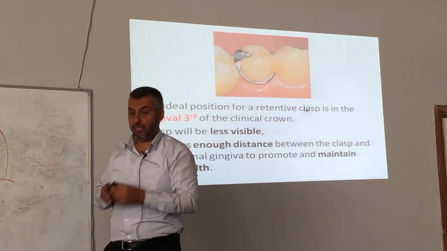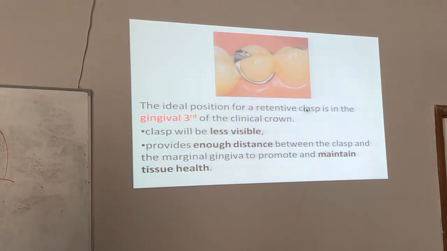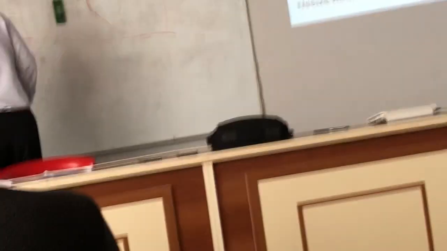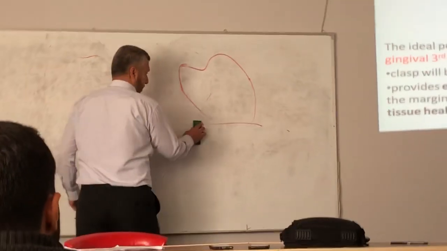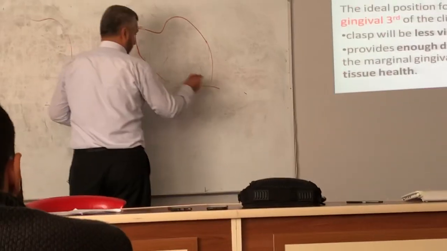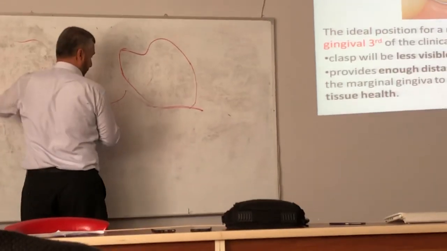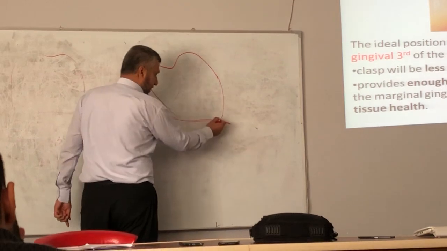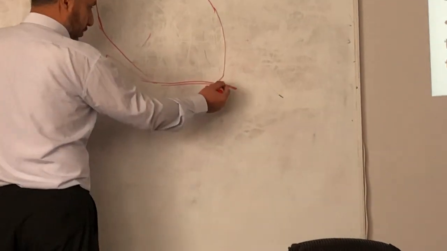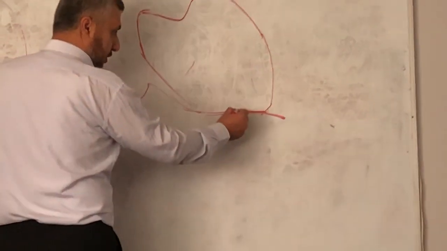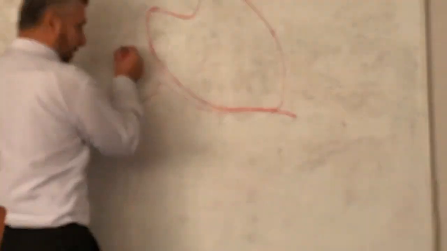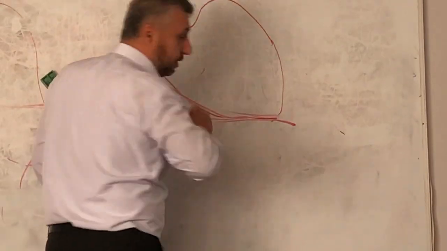It should not contact the gingiva. This is the tooth, this is the gingiva. Once I make a clasp in this position, contacting the gingiva is more aesthetic for the patient.